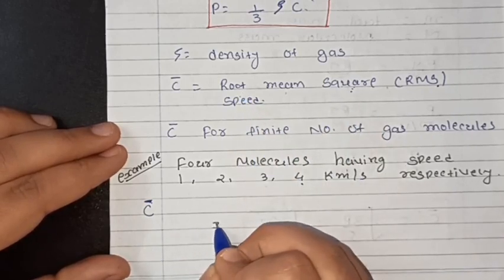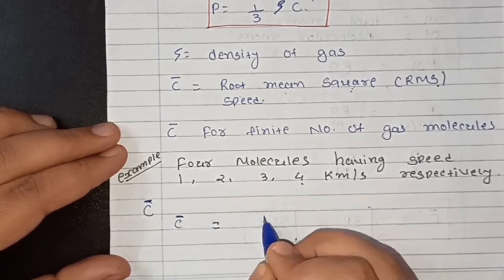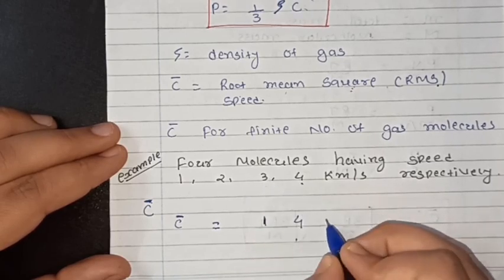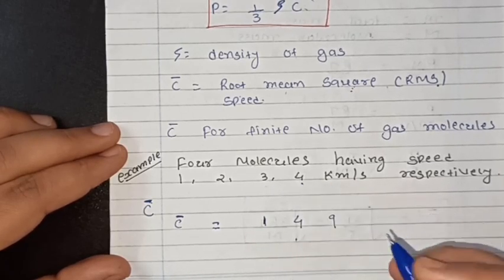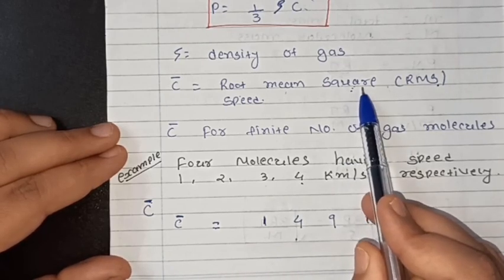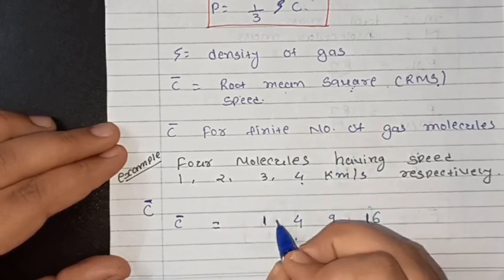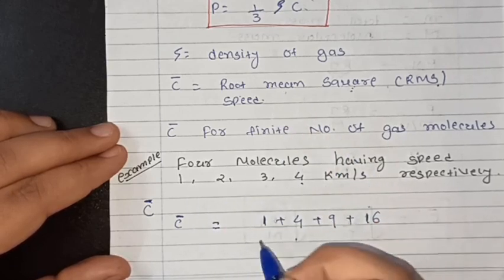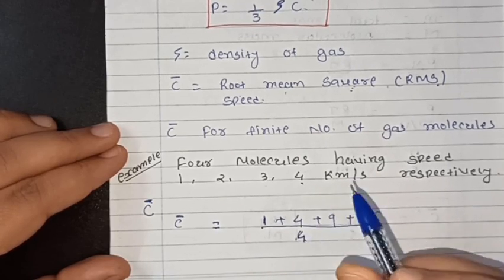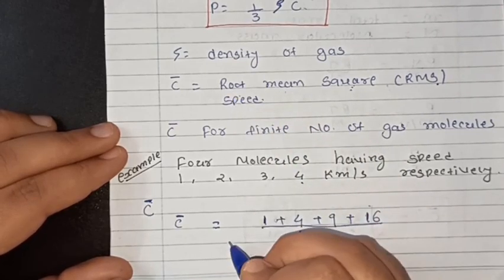C bar will be equal to 1 square will be 1, 2 square will be 4, 3 square will be 9, 4 square will be 16. We have squared the speeds. Now we will take mean. There are 4 values, so adding them and divide by 4. We have squared, then we have taken mean. Now we will take the square root.